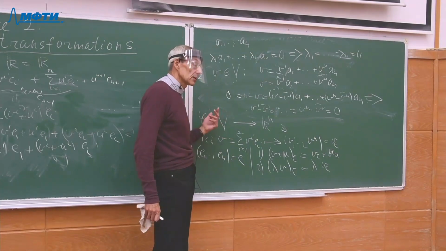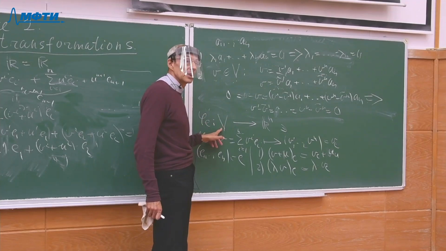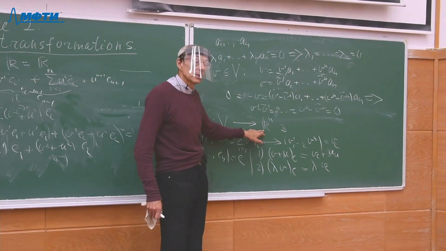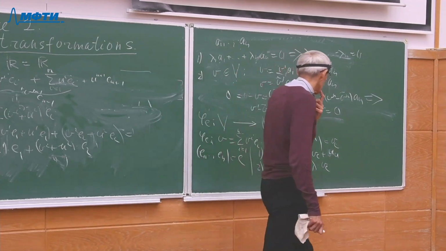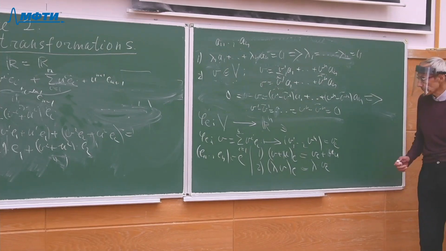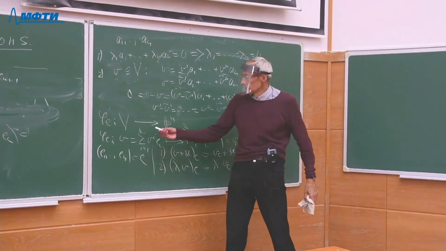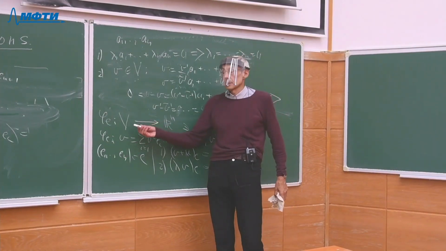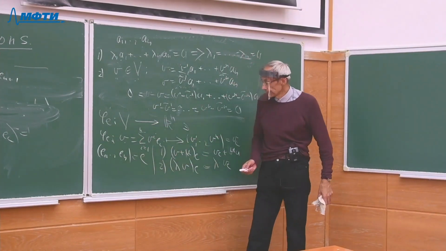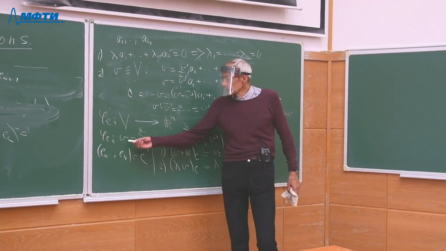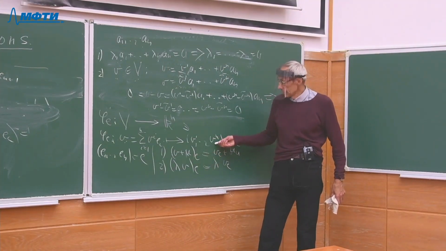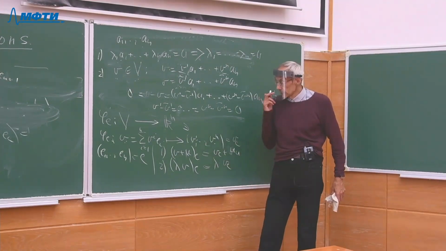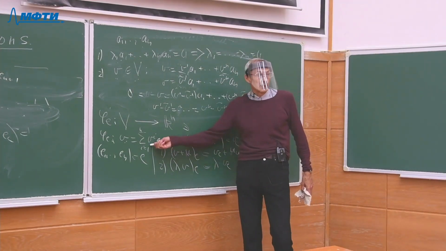In the same way we can check the second equality, and we obtain that there exists a mapping between an arbitrary finite dimensional vector space, where finite dimensional means that in this vector space there exists a finite basis, and the vector space Kn. This correspondence is the following. We start with an arbitrary vector v, and to this vector v corresponds some n-tuple of scalars. These scalars are exactly the coordinates of this vector in the basis.